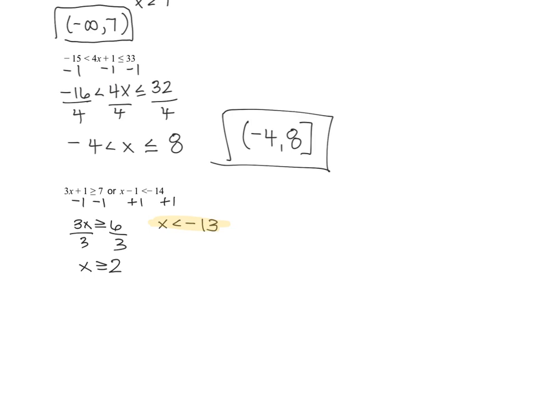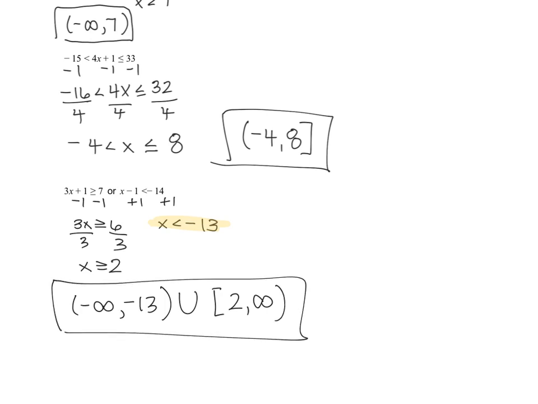So for x less than negative 13, we're going to do parenthesis negative infinity comma negative 13, and the negative 13 is also going to get a parenthesis because it was strictly less than. Then we do our capital U, which is union, which stands for "or." And now we're going to do our x greater than or equal to 2. Because it was an equal to, we have a bracket with the 2, comma, infinity with a parenthesis.